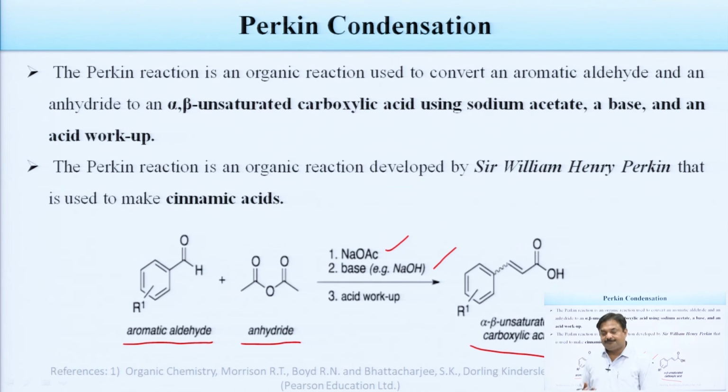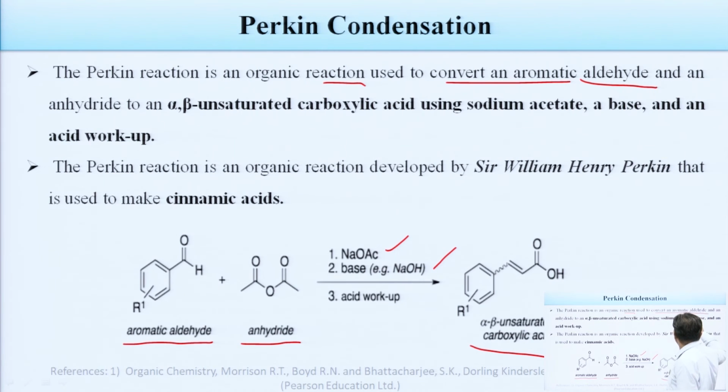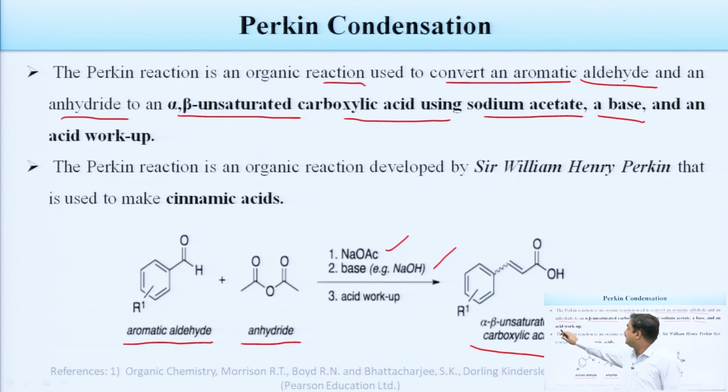Very important molecule, cinnamic acid is. So, what is Perkin reaction actually? The Perkin reaction is an organic reaction used to convert an aromatic aldehyde and an anhydride to alpha beta unsaturated carboxylic acid using sodium acetate, a base and an acid workup.